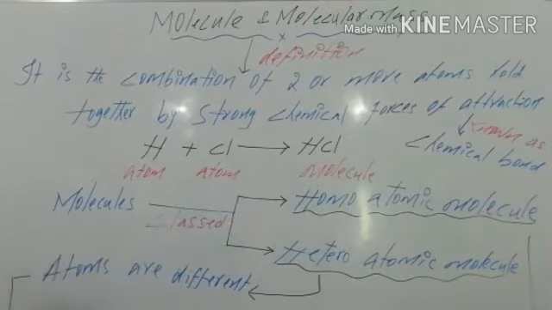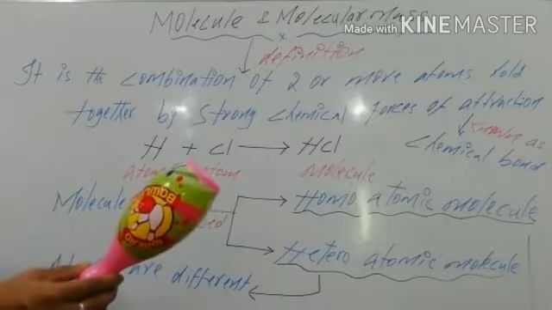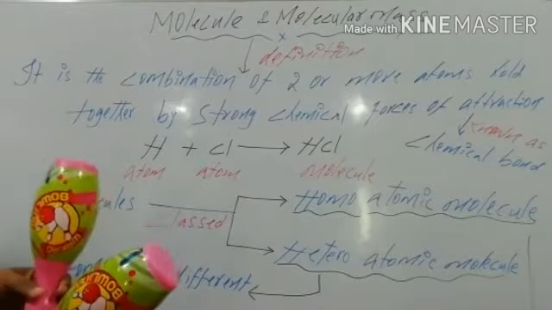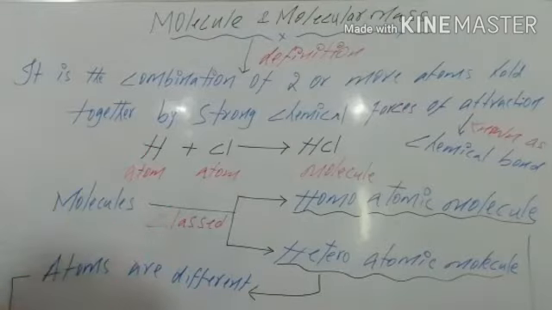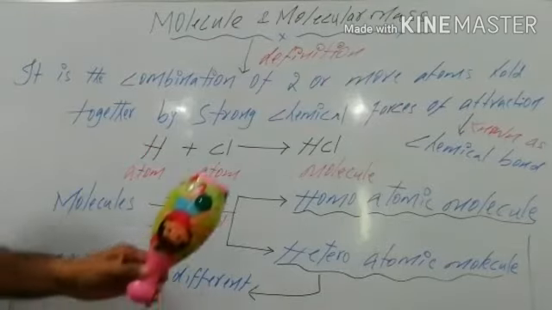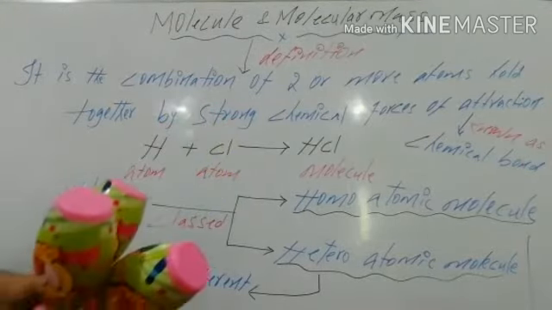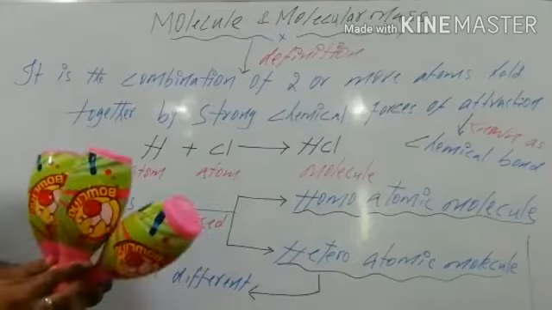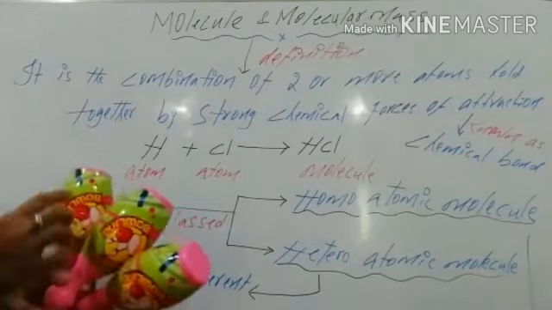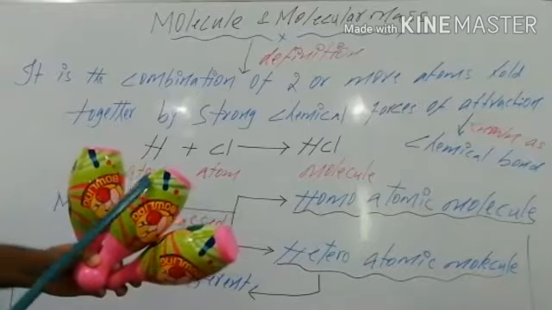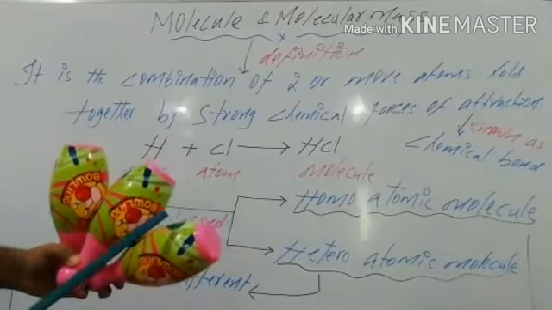Here is an example of an atom, and here is an example of an atom. These combine together to form a molecule, and these atoms, which are connected together by strong chemical forces of attraction, that is known as the chemical bond.